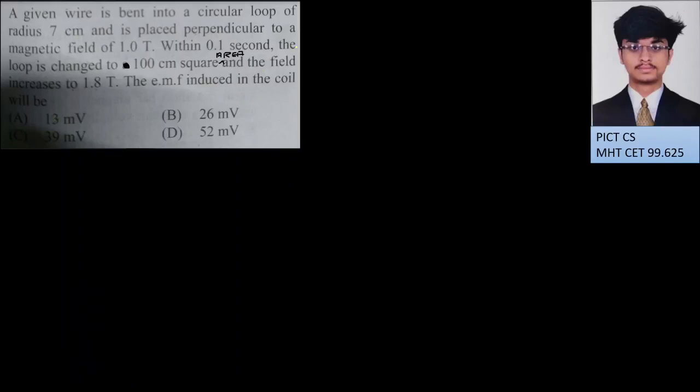A given wire is bent into a circular loop of radius 7 cm and is placed perpendicular to a magnetic field. We have been given the value of B, which is 1 Tesla, within 0.1 second, that is delta T is 0.1.